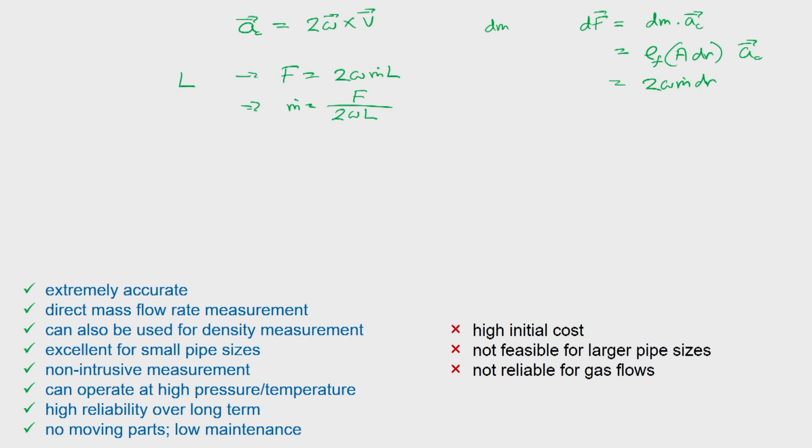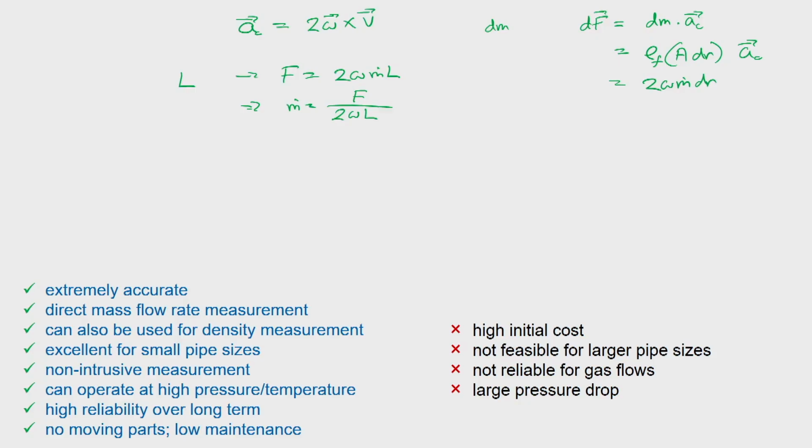They are not reliable for gas flows, because if we are talking about flow of gas, then the density is much lower. So, the force that is created may be quite small, which is not the case with liquids. Liquids have higher density, so that leads to a reasonable degree of twist. So, they are more used for liquid measurement.